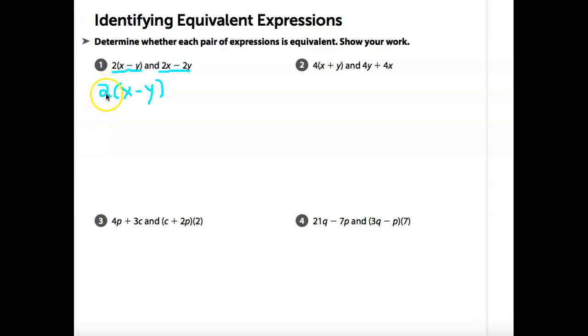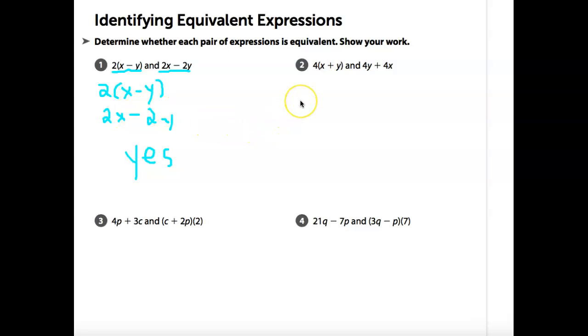So when we do this, we can do 2 times x, it's called using the distributive property, minus 2 times y. So let's look at that. Does this equal that? Yes, it does. So this is a yes. Now remember, we don't have any numbers to put in for those variables. These are just expressions. So whatever numbers we would be given, this would still turn out the same, okay?